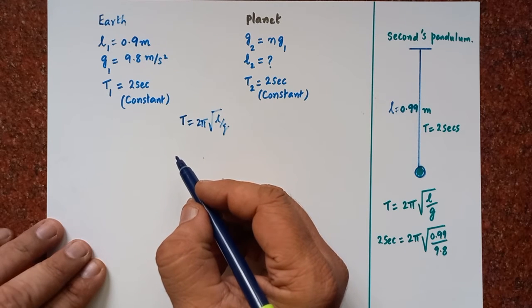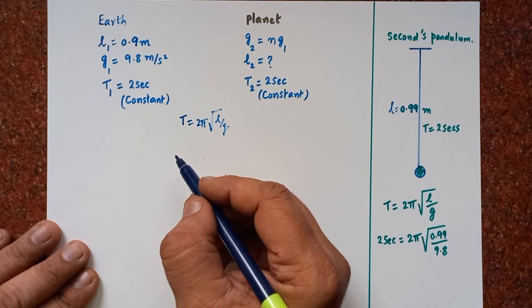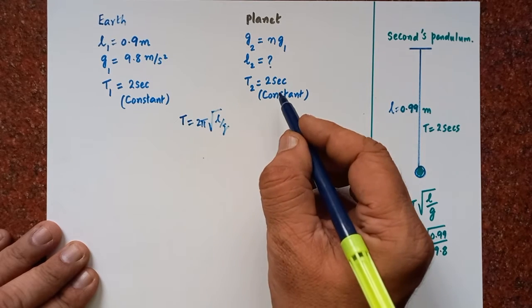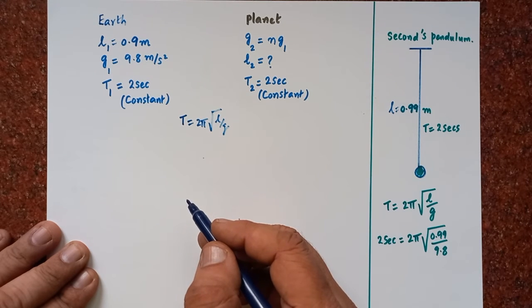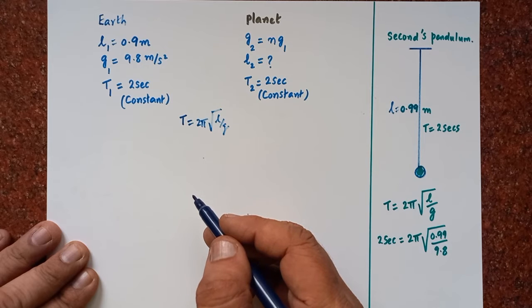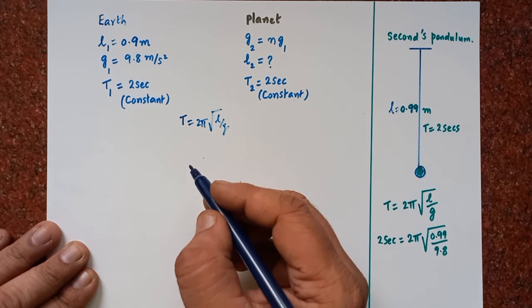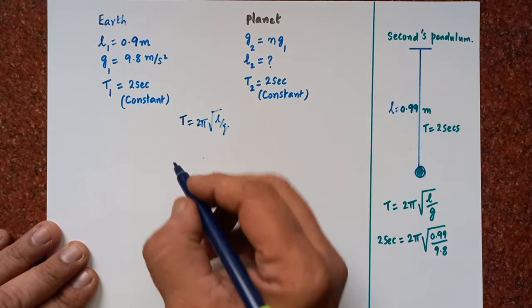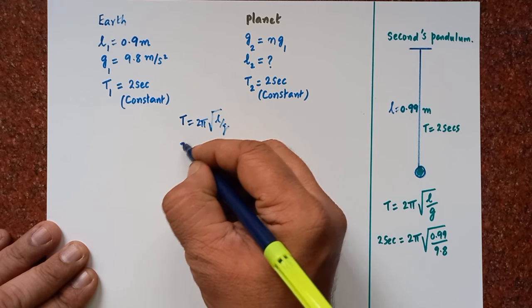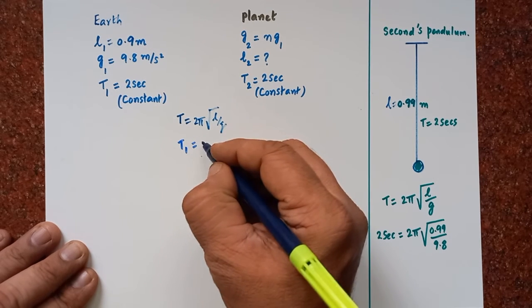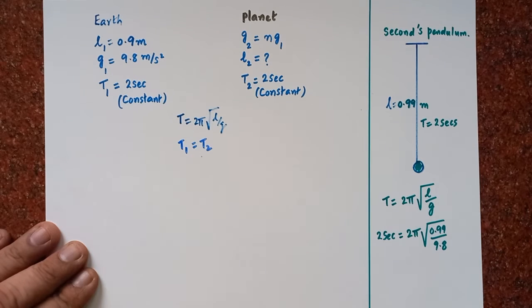Here the time period of the second pendulum on the surface of the earth and also on the surface of the planet is the same. Therefore we can write T1 is equal to T2. Are you clear?